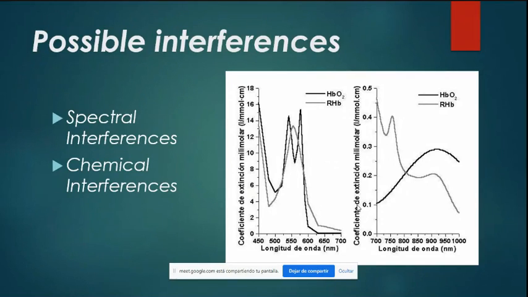Chemical interferences. They are more common than spectral ones. They occur when the sample reacts with other chemical species, affecting the absorptions. Their effects can be minimized by choosing the aqueous environment.